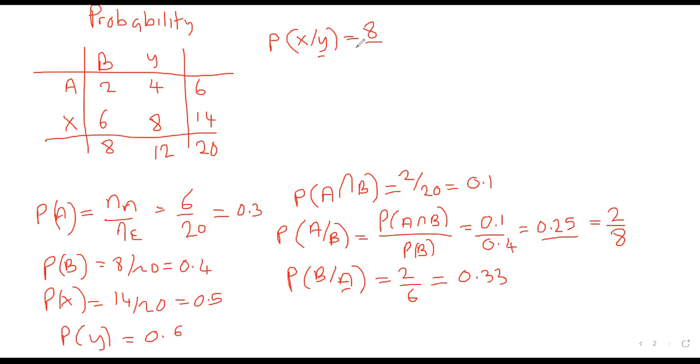For Y, it's going to be 12. So what do we get? 0.666. Do we round off or leave it? 0.67.